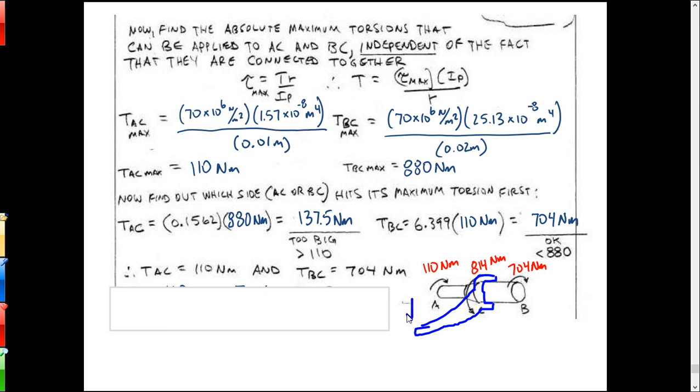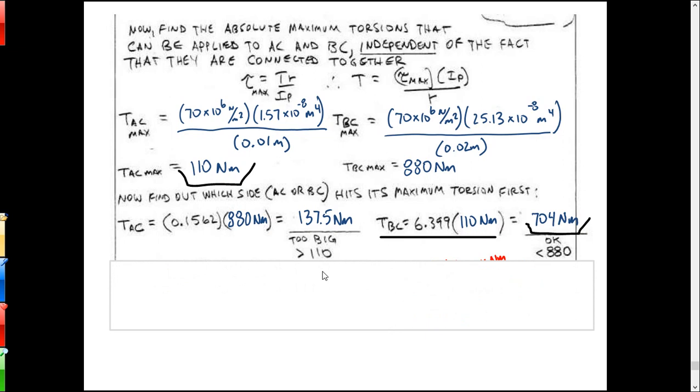And then I just start pushing on it, okay? I just keep pushing harder and harder and applying more and more torque. And as I do that, eventually this side's going to hit 110. And when it does, this side's at 704. Okay? Because they move together because they're connected together at C.